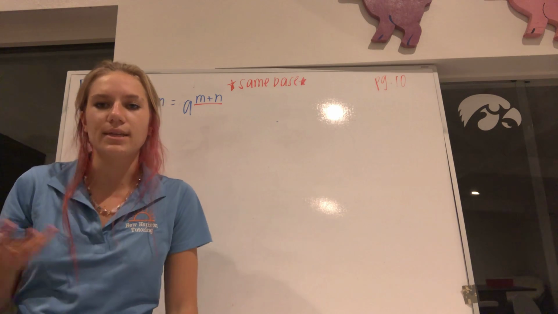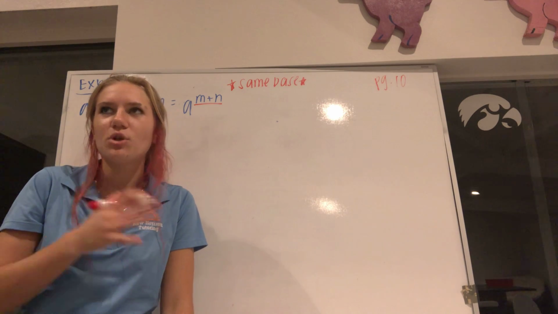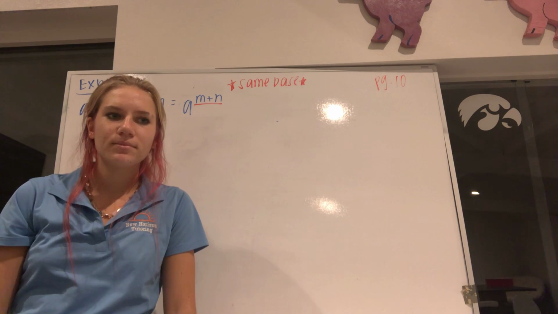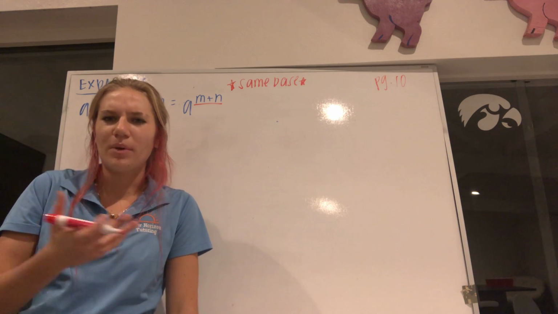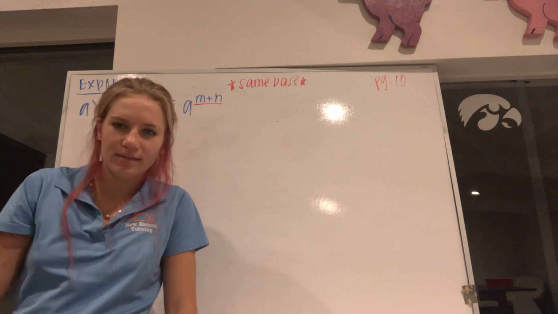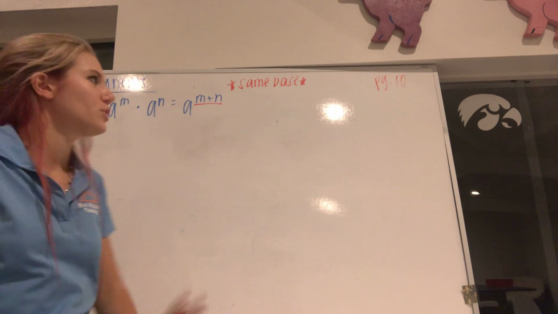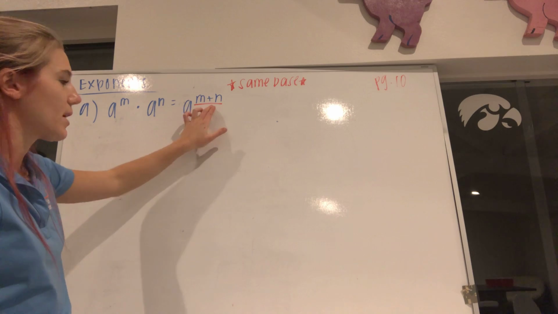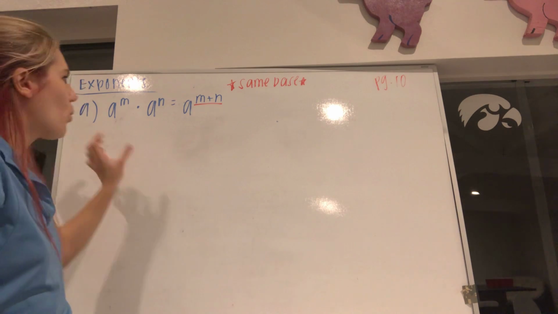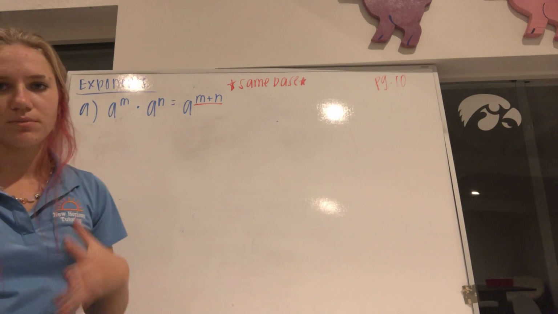Like 2 times 3 is 6, but 2 plus 3 is 5. It doesn't increase as much if you add something compared to if you multiply it. So just think about that relationship. Make sure that you're not multiplying these exponents, you are in fact adding them when the two individual terms themselves are being multiplied.